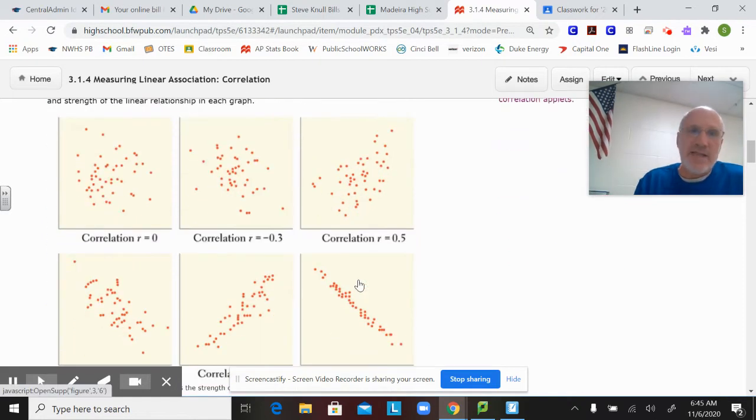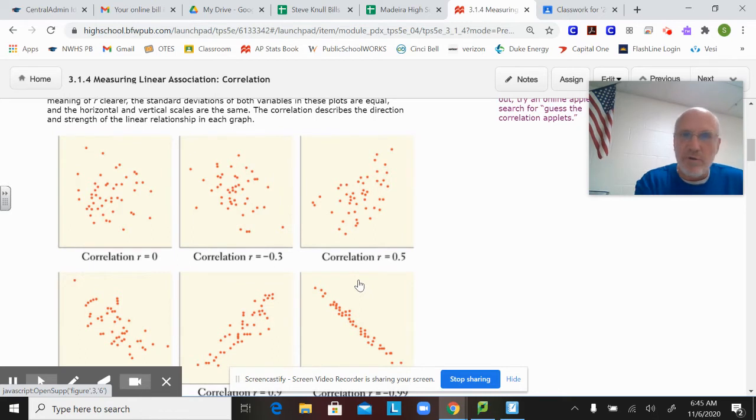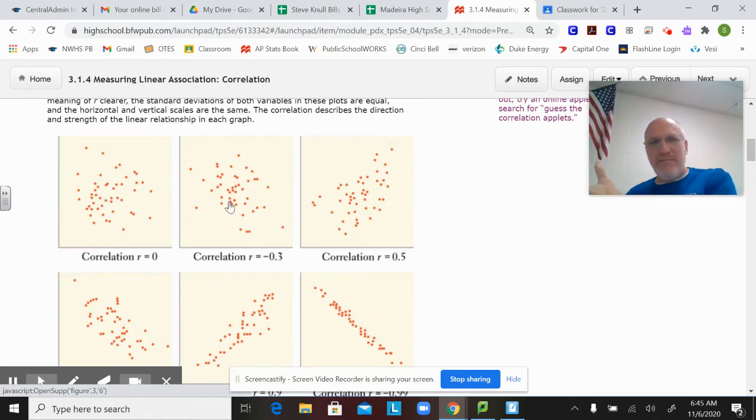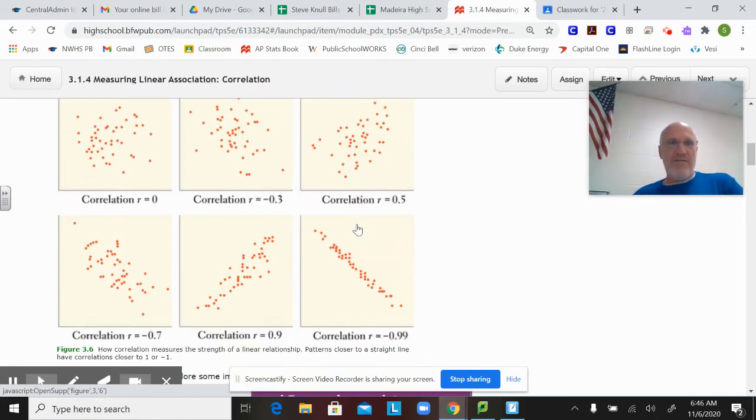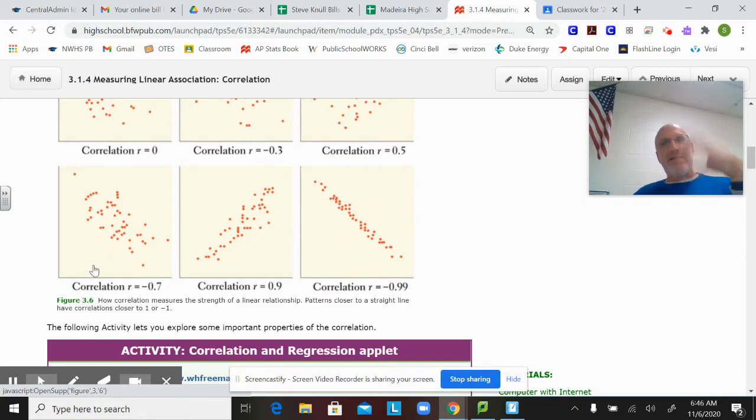So here's some examples. Here's R equals 0. I'm looking at these 6 graphs here. R equals 0, really, there's no pattern whatsoever. Notice the second one here, it's trending downward, but barely, negative 0.3. Here, trending upward, maybe a little stronger, positive 0.5. Now this one here, we're back to negative and getting a little stronger, negative 0.7.